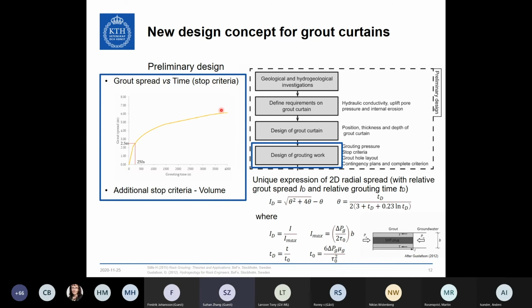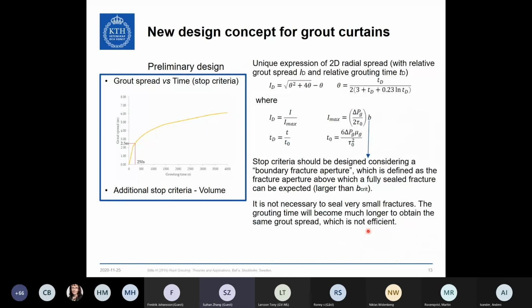If we normalize, with the relative grout spread and the relative grouting time for 2D radial spread, it is a unique curve for all 2D radial spread, and then we can include the special properties of each type of problem by involving the fracture aperture and the other parameters in the calculation.